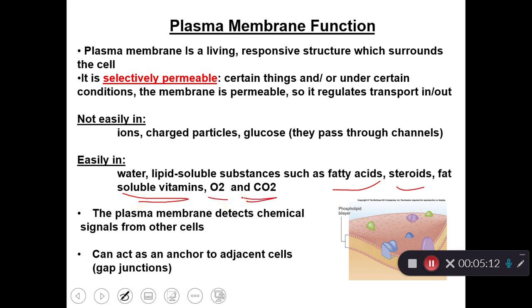All of these are lipid soluble, so they can go easily through the hydrophobic part of the cell membrane. The non-lipid soluble molecules are not easily in. They have to go through certain channels because they can't go through the lipid part of the cell membrane. Like ions, charged particles, glucose, they go through certain channels.